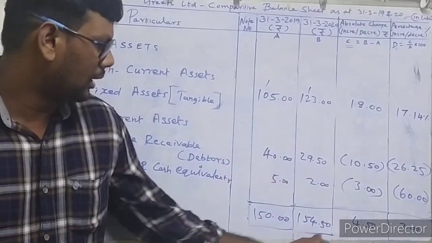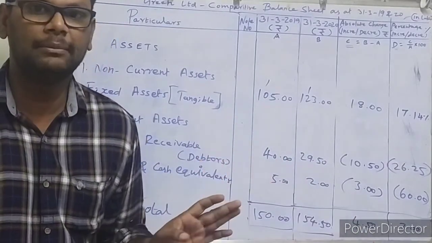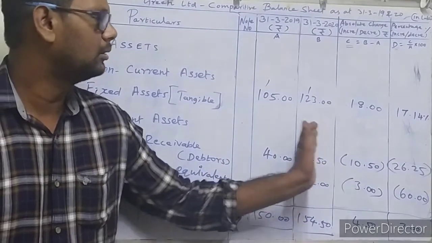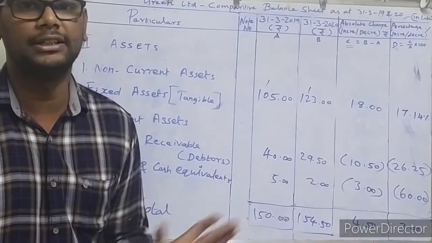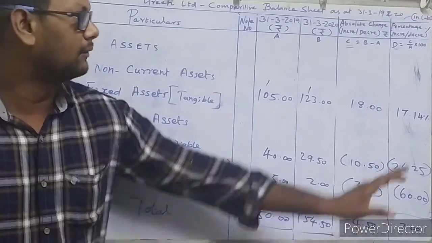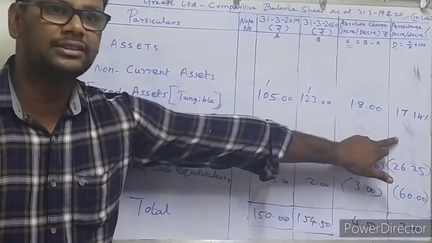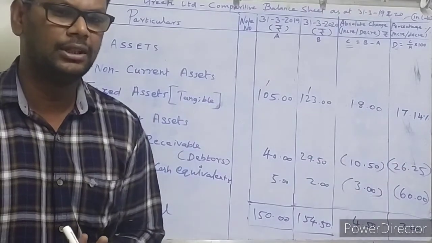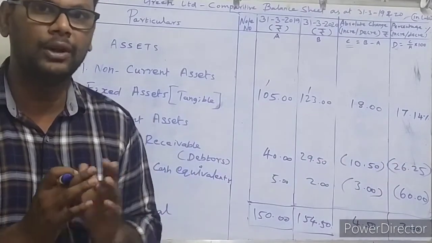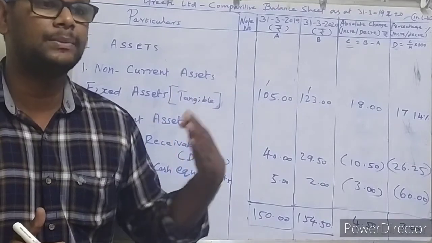So now all the amounts are same compared with liabilities. Now we compared previous year with current year, and we can get absolute changes in amount and absolute changes in percentage also. So why are we comparing the present year with previous year?